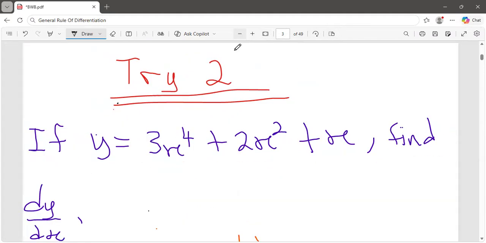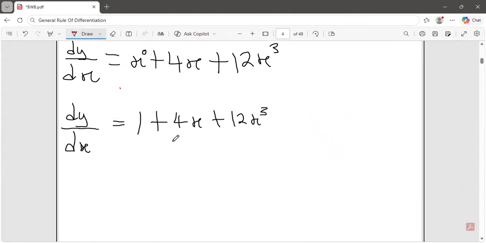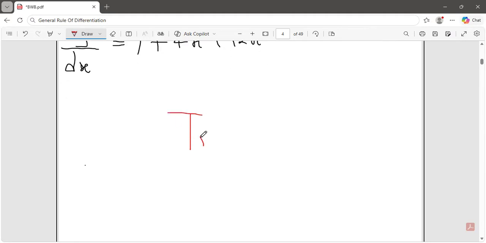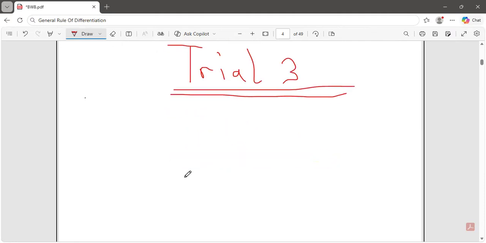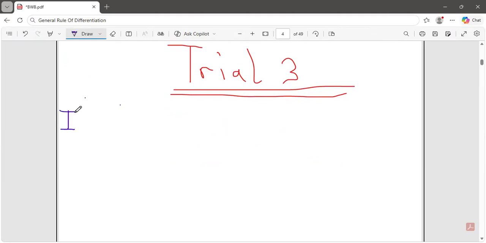In trial 3, the question is, in this case, I'm going to use a different variable. Don't get confused. It is still the same. Just be flexible, and that is all.